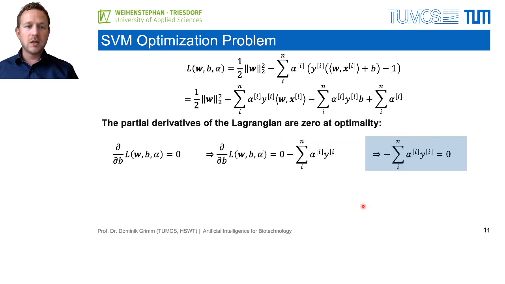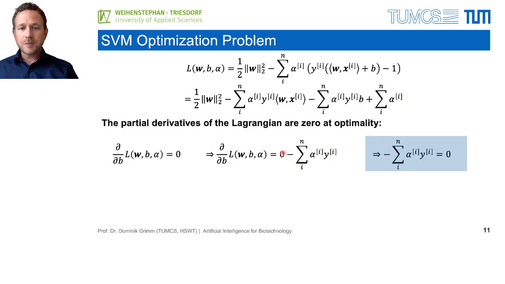Let's do this. This part disappears, there's no b inside. This part disappears, there's no b inside. This part has a b, so if we take the derivative, minus the sum of i to n of alpha i y i is left. And this part disappears again because there is no b inside.